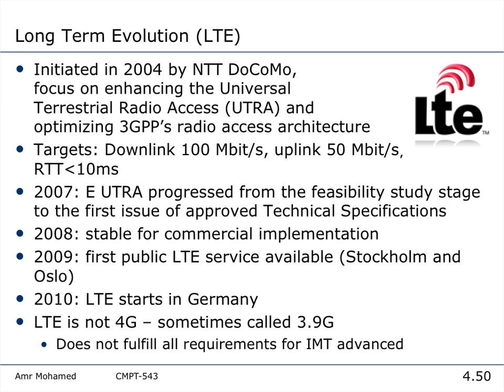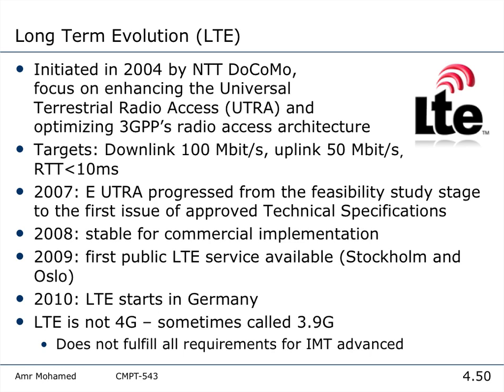LTE itself is called 3.9G and not 4G, because the IMT released the requirement specification for 4G, which is called IMT Advanced. The IMT Advanced talks about the specification for 4G. The first LTE proposal did not comply 100% with the IMT Advanced. So they came up with a later release, I think it was release 10 or something, for LTE.